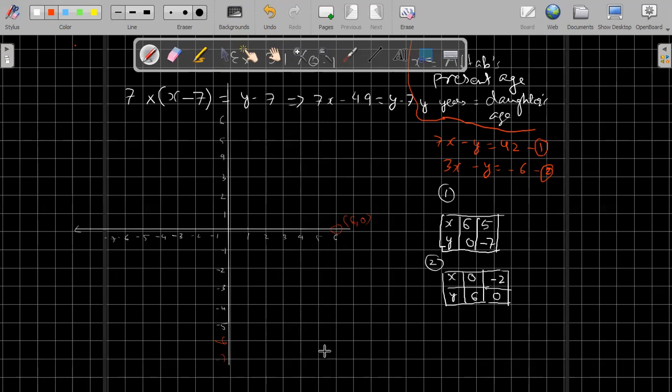So 5 and -7 will be here, this point. Okay, this point will be 5 and -7. So by joining these 2 points, we can make the straight line. This is the graph of this line. Got it?